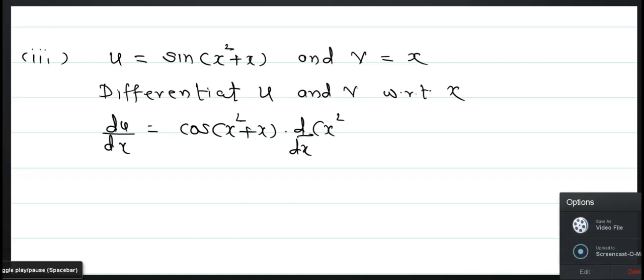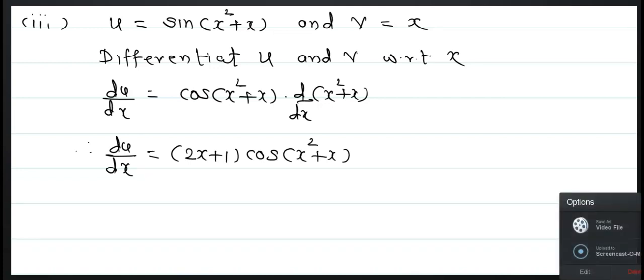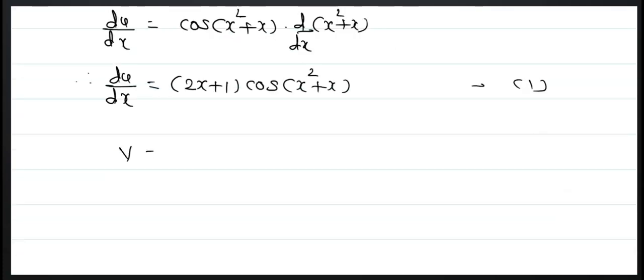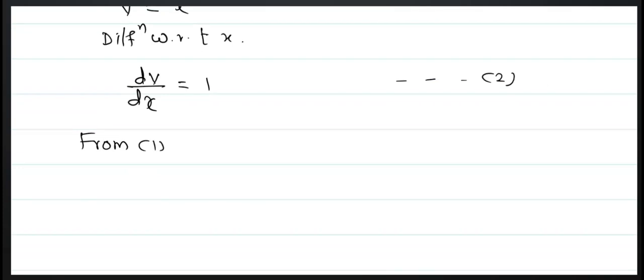The derivative of x square is 2x and the derivative of x is 1. Therefore du by dx is (2x plus 1) cos of x square plus x. This is the first one. And for v equals x, differentiating with respect to x, dv by dx is 1.